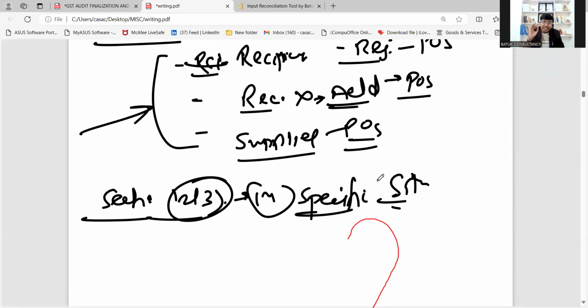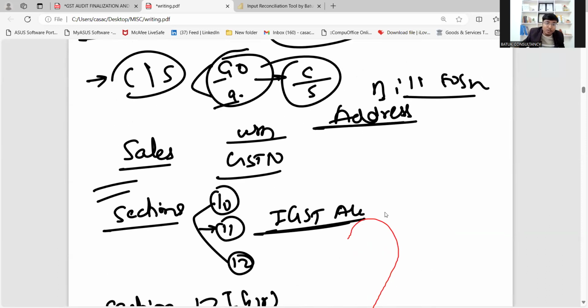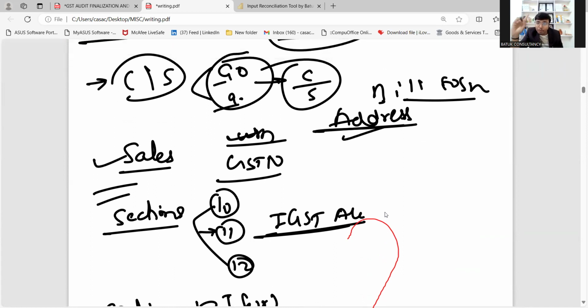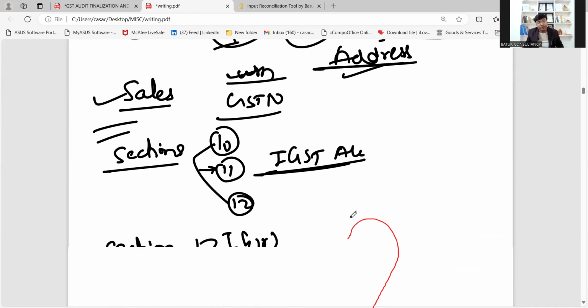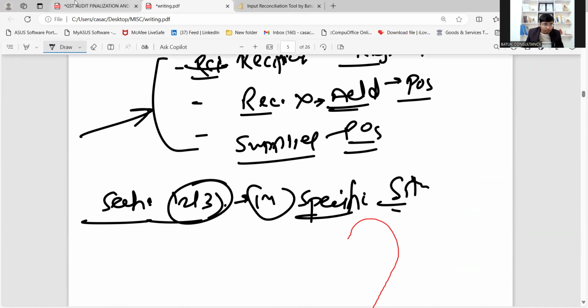So while doing the GST audit, you need to be very careful about these sections and how you are going to identify. उसके लिए मैंने आपको बता दिया कि you need to check the sales, the GSTN, the address so that you can easily identify. But for the provisions, you have to take the reference of section number 10, 11 and 12 of the IGST Act. If you require, I will provide you the link of the recorded video for that as well for your reference.